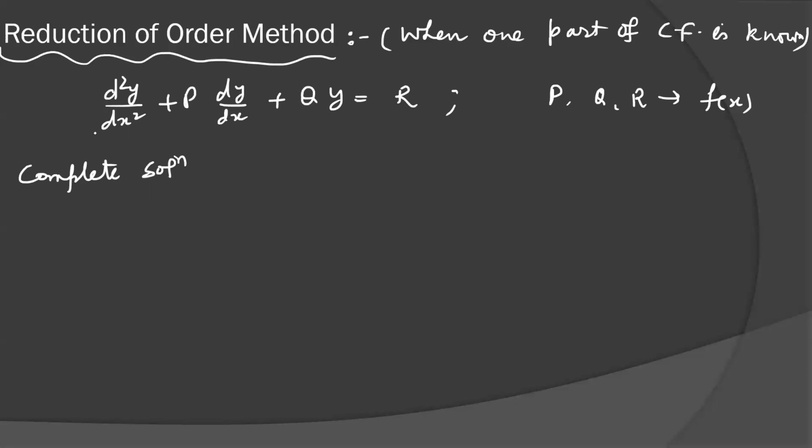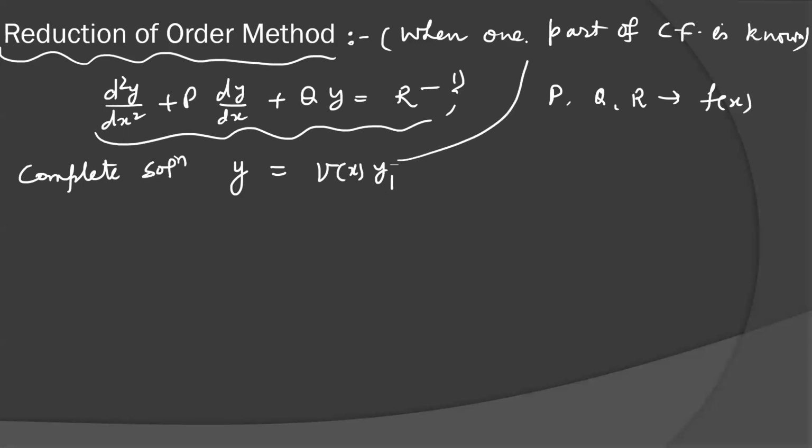I am telling the entire solution of this differential equation 1, meaning CF plus PI. Y I am giving as v(x) into y1 type, where y1 is one part of CF. So this is the complete solution. If R is 0, then this solution will be the solution for the homogeneous part.